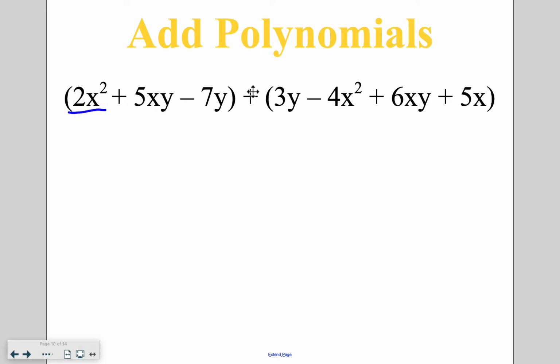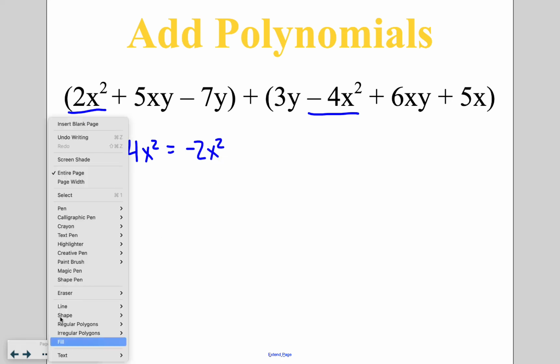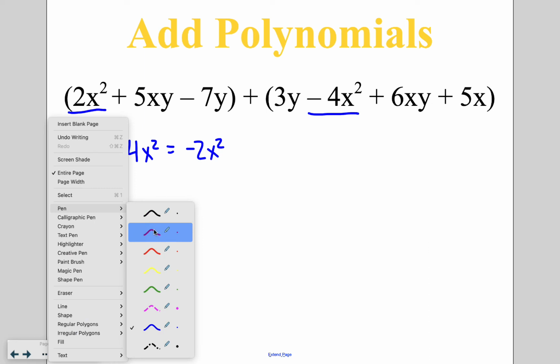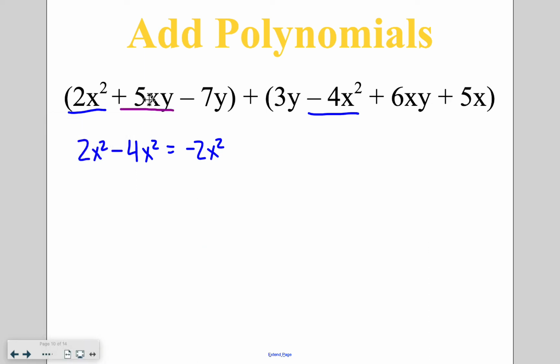I look across all of my other options and I see if there are any other x to the second powers. In this case, we've got a negative 4. So I'm going to have 2x squared plus negative 4, plus a negative turns into just subtracting, which gives me negative 2x squared. Then I'm going to move on to my next part, which is 5xy.